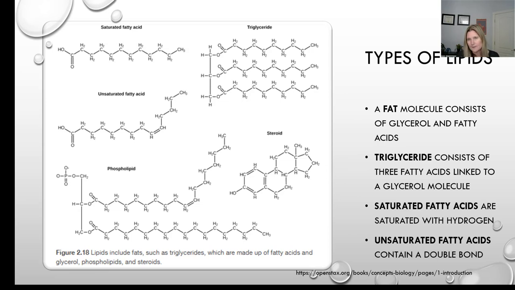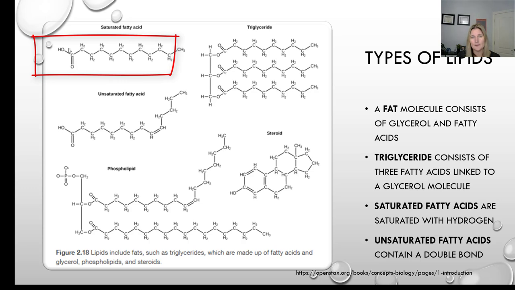All right, so let's take a closer look at the structure of different types of lipids. As I stated before, the first thing I think of when I think of a lipid is a fat. A fat molecule consists of glycerol and fatty acids. Here is the structure of a saturated fatty acid.